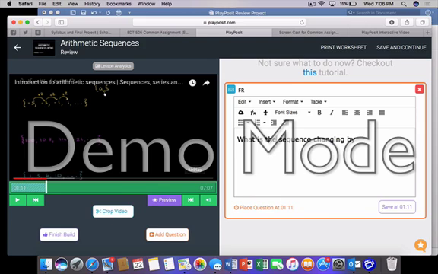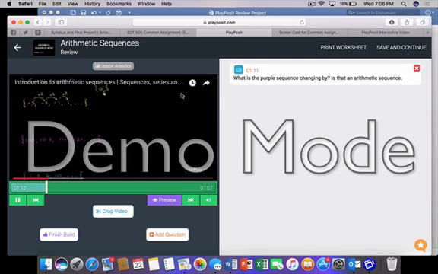What is the purple sequence changing by? Is that an arithmetic sequence? And then you save it at 1:01. I'll use n to denote our index. So then that would prompt at that point. That probably wasn't a good point to put that question at, because I wasn't really watching the video.